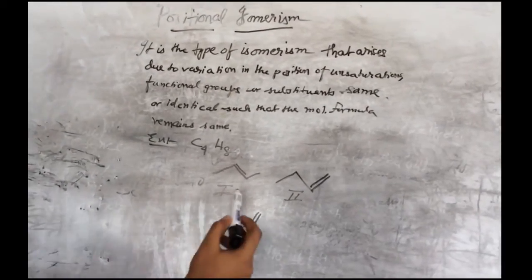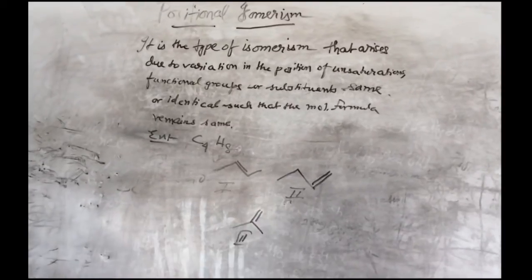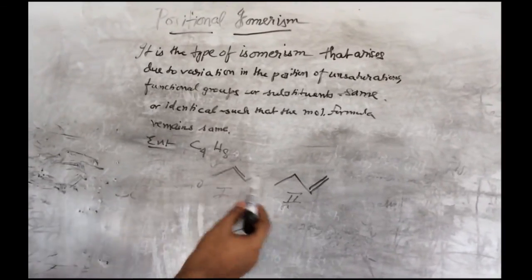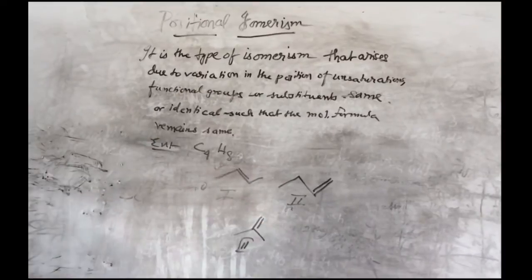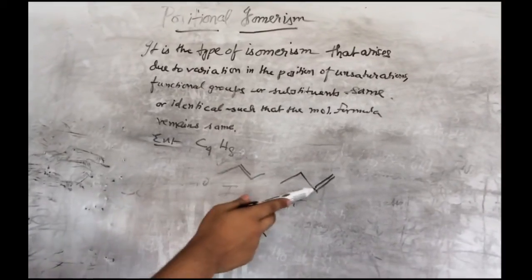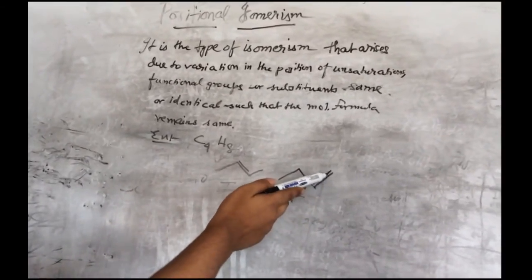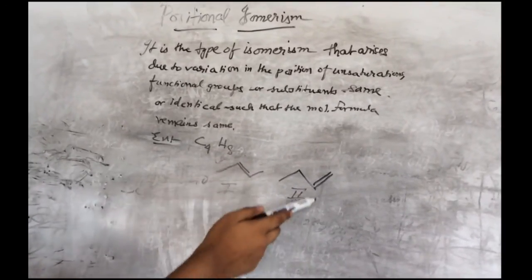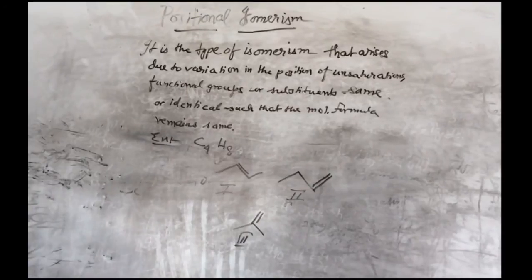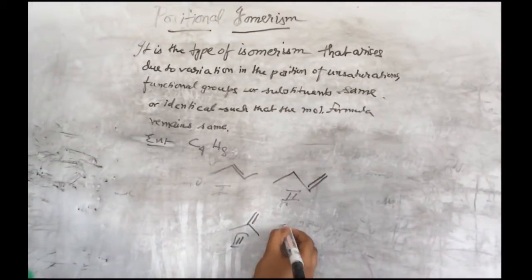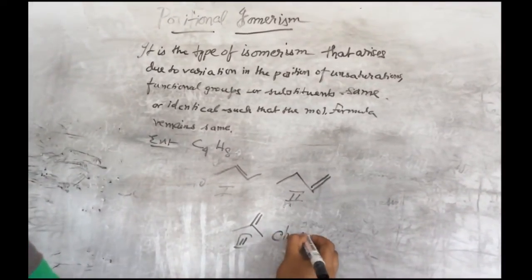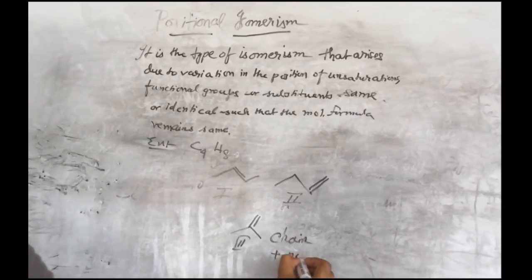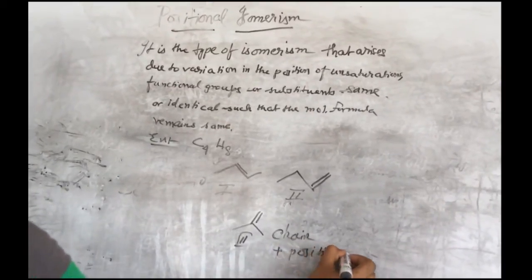Now you can see that these two are positional isomers of each other, because the molecular formula remains same in all the 3, but here you can see the position of the unsaturation changes from the middle 2 carbons to the terminal ones, and here both chain isomerism plus positional isomerism takes place.